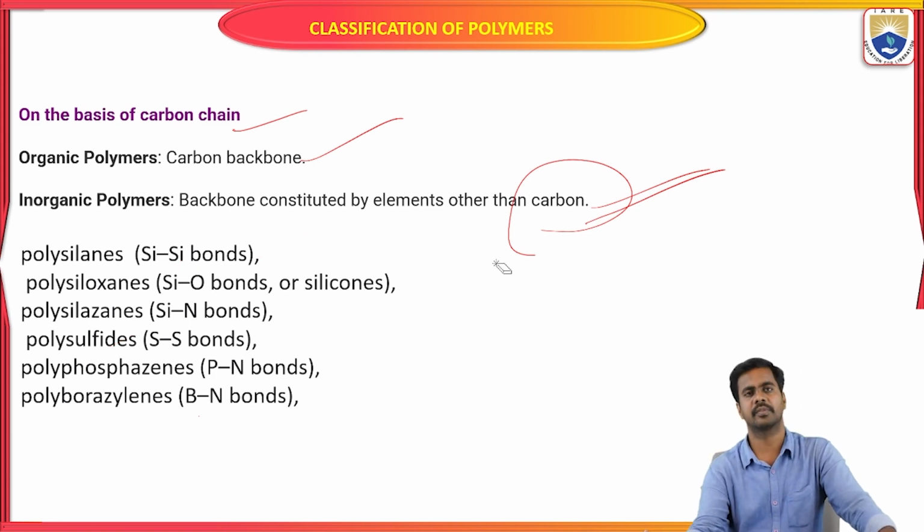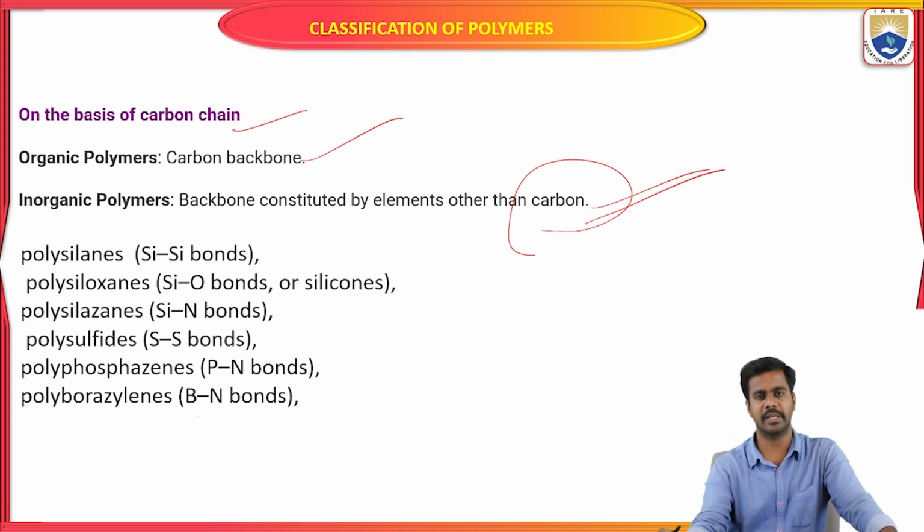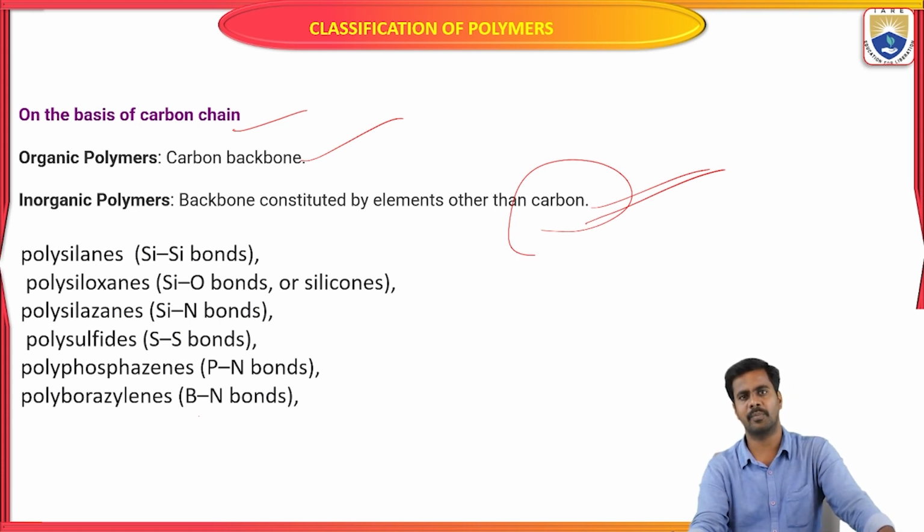That's why we can say that in inorganic polymers there is no carbon in the backbone chain of monomers. So this classification is based on the backbone of the monomers.